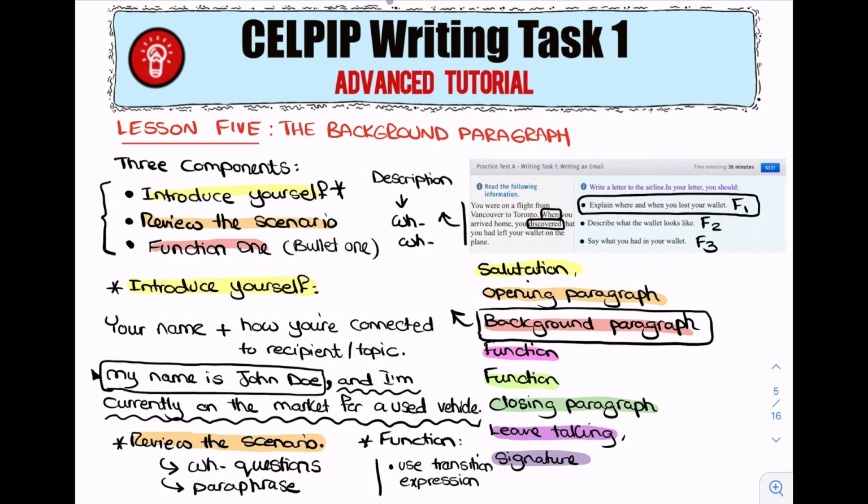You see, by repeating parts of the question, like, I believe I must have left my wallet, you're clearly indicating that you are done with the previous explanations and you are moving on to express when and where you lost your wallet. Now, we will talk more about these transition expressions later, but for now, keep that in mind and remember that that's a requirement.